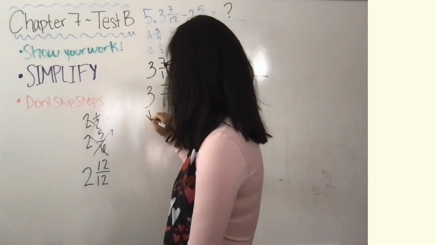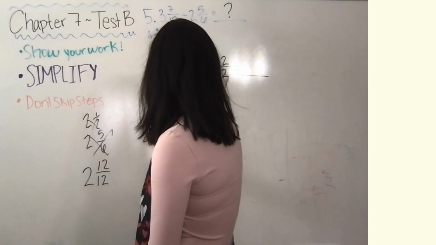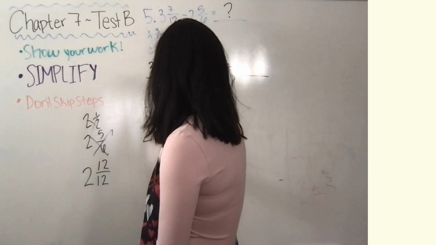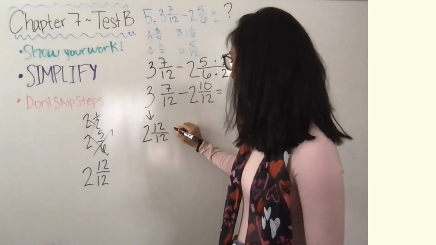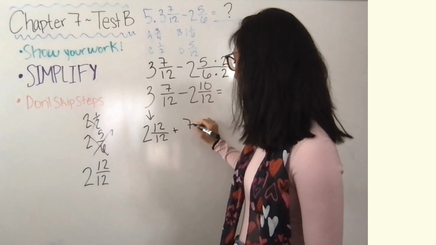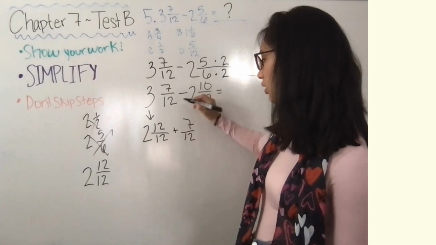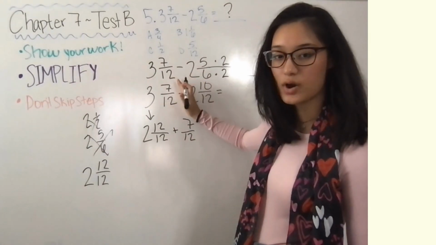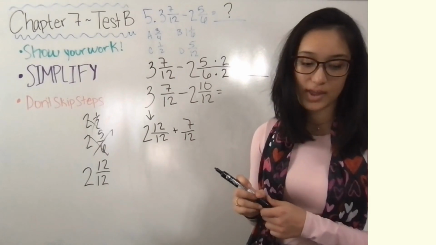So, bring down your 3, and it will be 2 and 12/12 plus 7/12, because this is really all just this one number, but expounded, so you can subtract numbers from it.